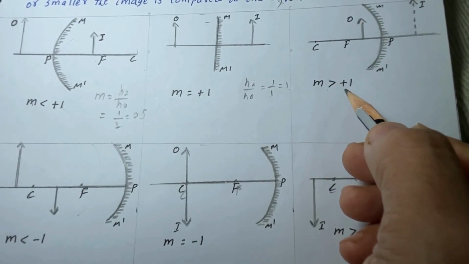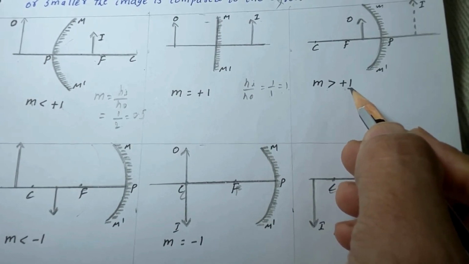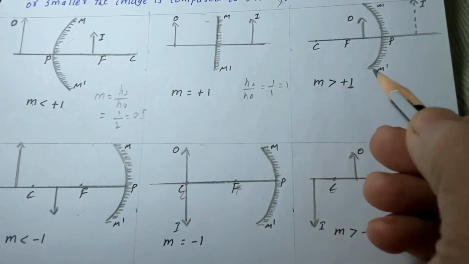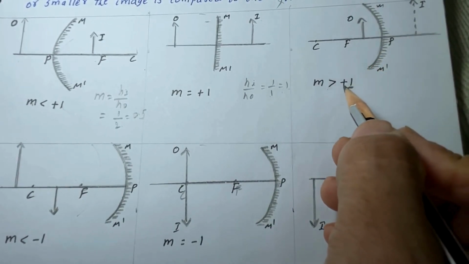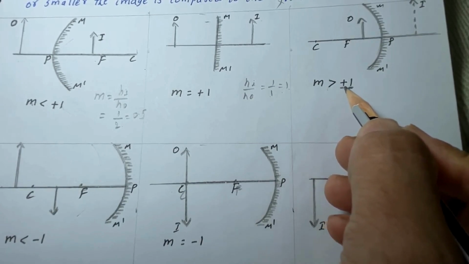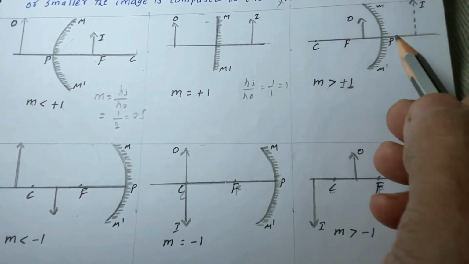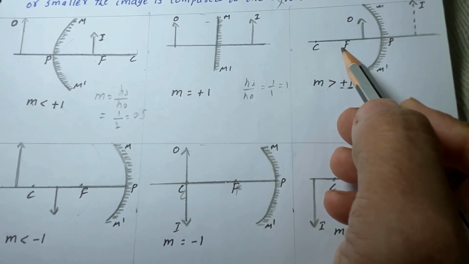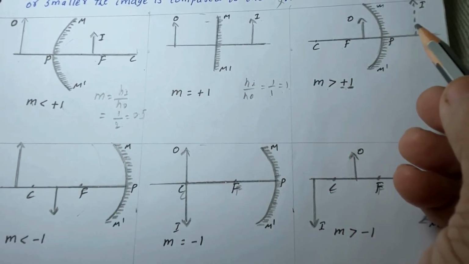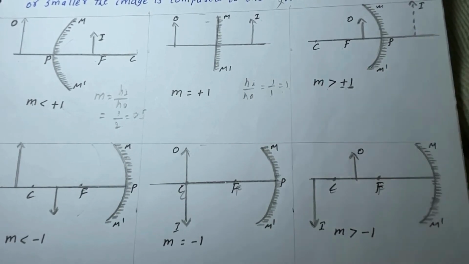And this is M greater than plus 1. What is its meaning? M greater than plus 1 means the image size is more than that of the object size, and here the plus sign shows that the image is an erect image. Suppose when the object is between pole and focus of a concave mirror, it forms a virtual, erect and enlarged image.